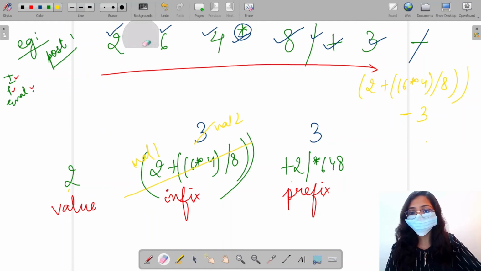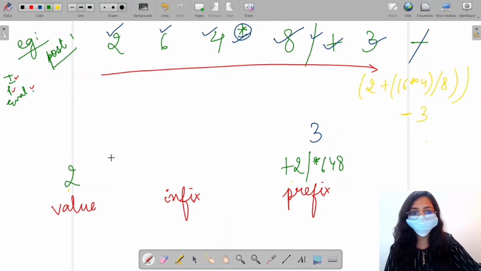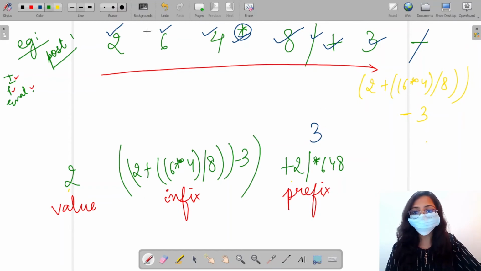And we'll enclose this within brackets. So the answer which we'll have will be okay. Then we'll have our operator, then operand, and we have brackets.